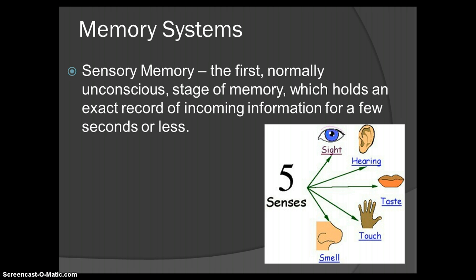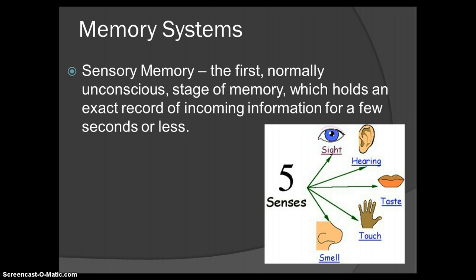The first step of encoding information goes through the sensory memory. The first, normally unconscious, stage of memory which holds an exact record of incoming information for a few seconds or less. In order for the information to pass to the next stage of the memory system, we need to selectively attend to the specific information in the sensory memory.